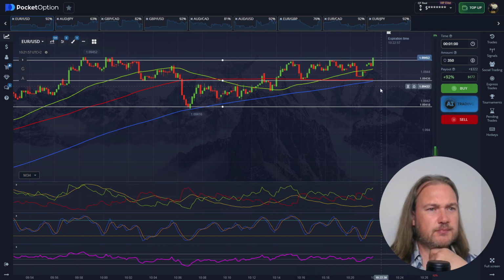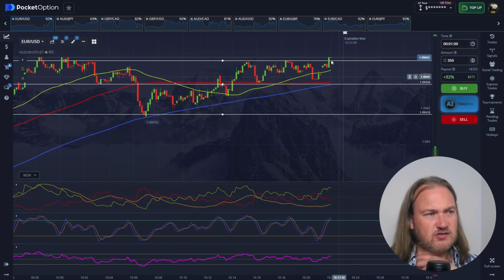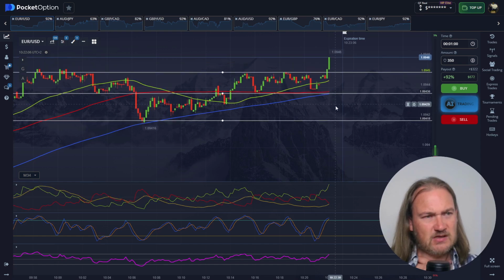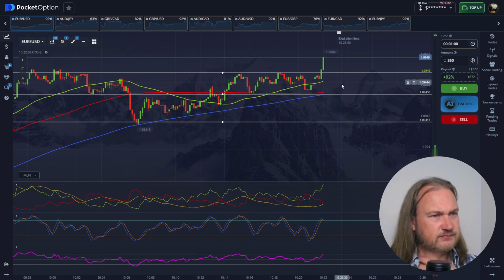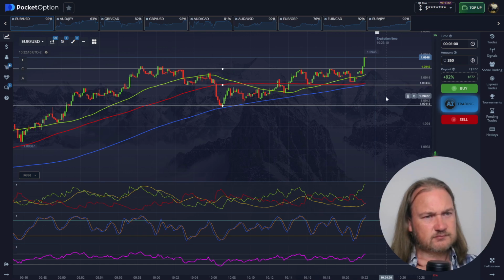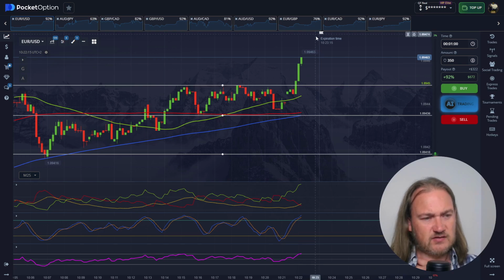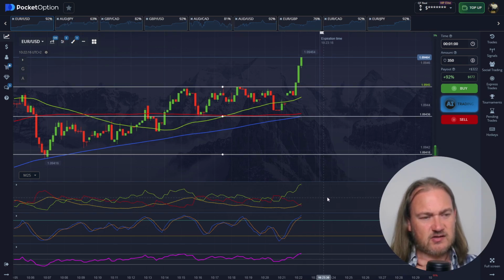Looks like we are starting to continue the upwards move. We've got a new high, broke through this area where it was struggling, and there we go. Right, so trend is definitely confirmed. We're going to see the ADX starting to climb now.